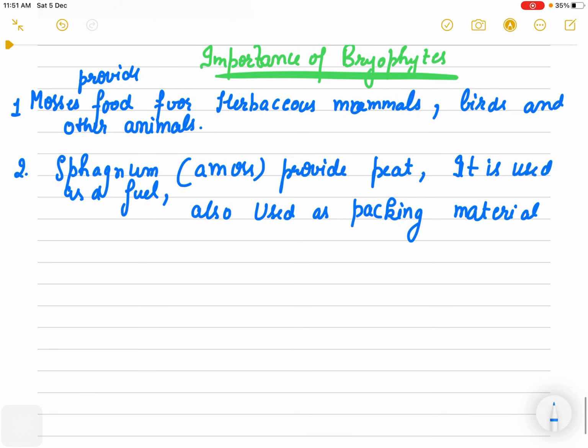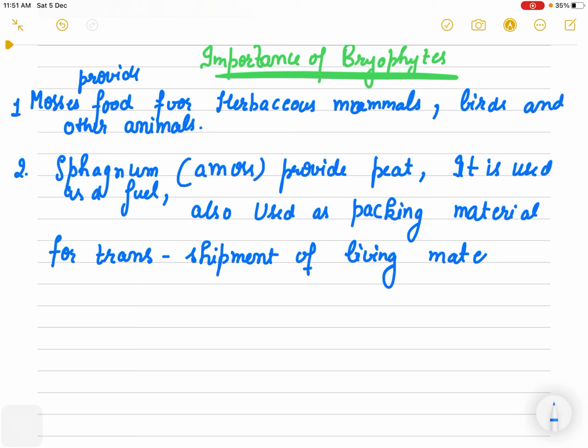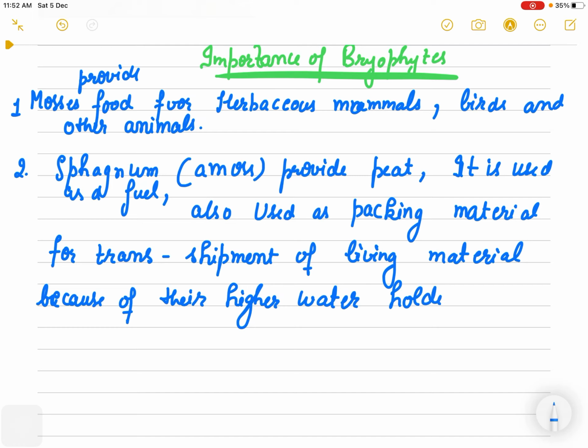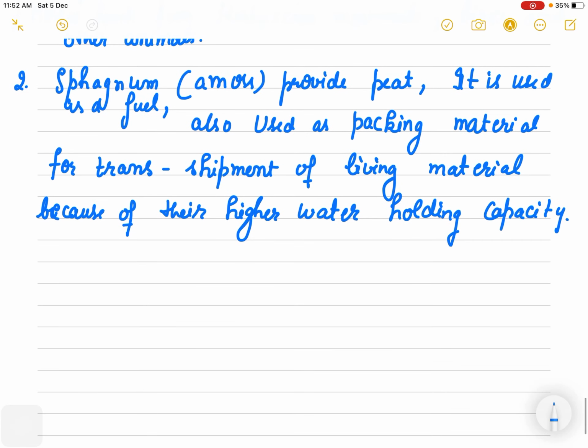At that time they are wrapped around as a packing material, you can write down, for transshipment of living materials, because of their high water holding capacity. Because of the moss's high water holding capacity, it is used as packing material, right?